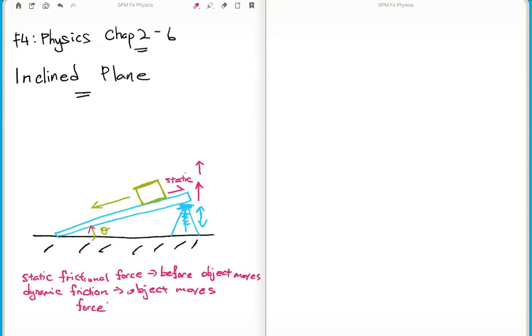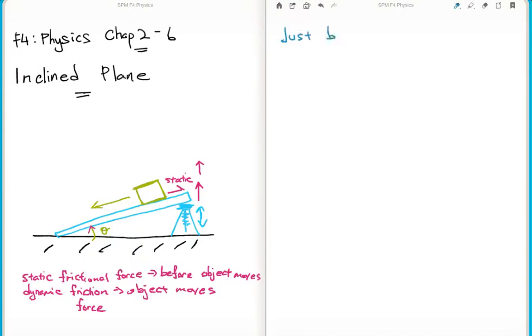Let's not talk about frictional force now. Here we'll talk about the inclined plane. At this instance, I'm talking about what happens just right before the object glides down. We are talking about static frictional force here.